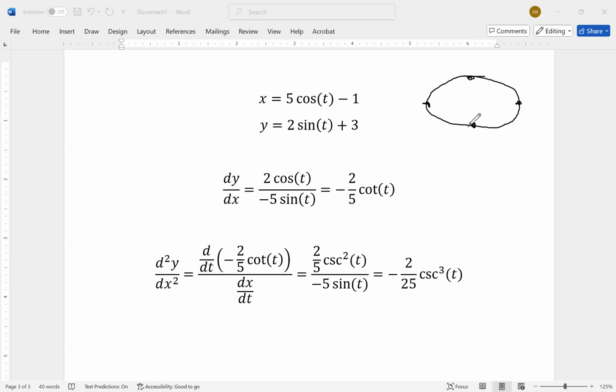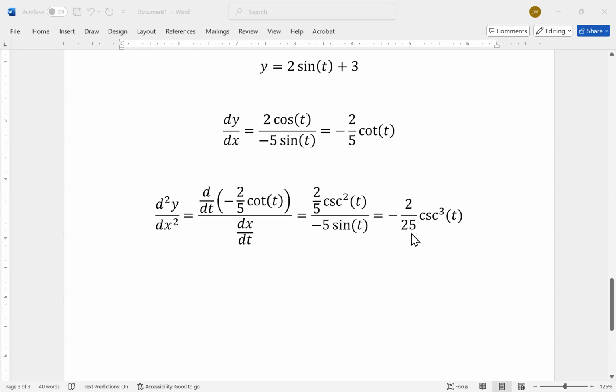But I'm going to get two horizontal tangent lines, two vertical tangent lines. So we get both vertical and horizontal tangent lines there.